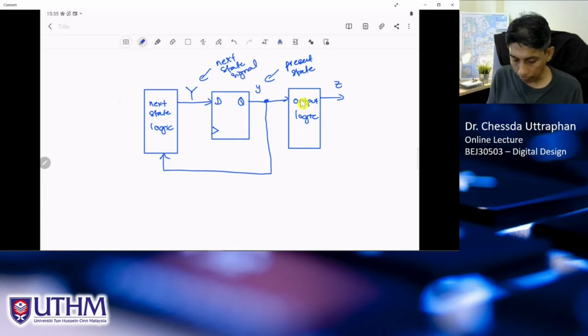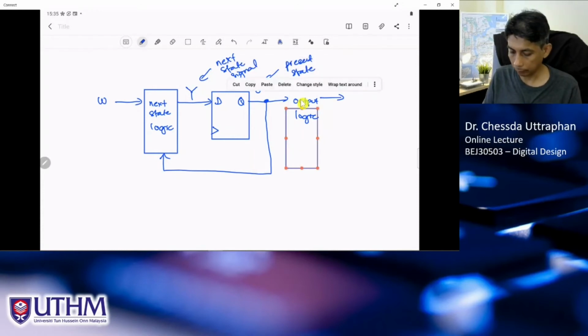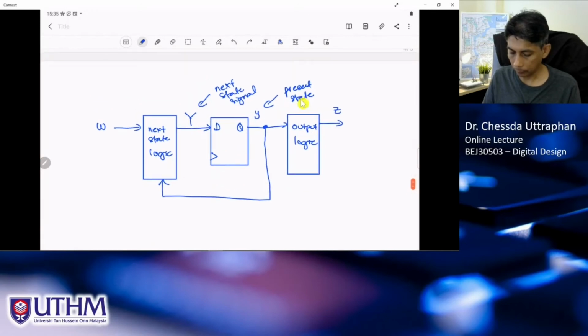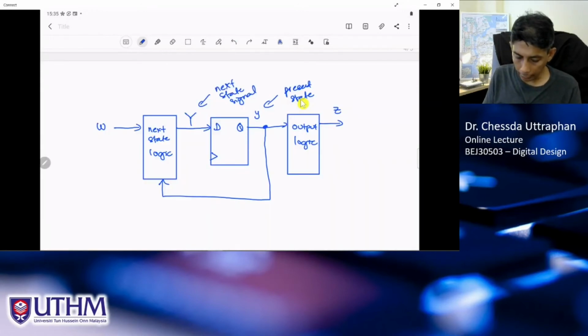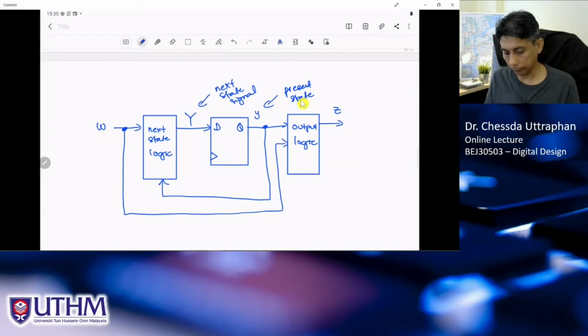And we have one input, which is W. Okay, and remember, because this is Mealy, we also have this as the input to this for Mealy.